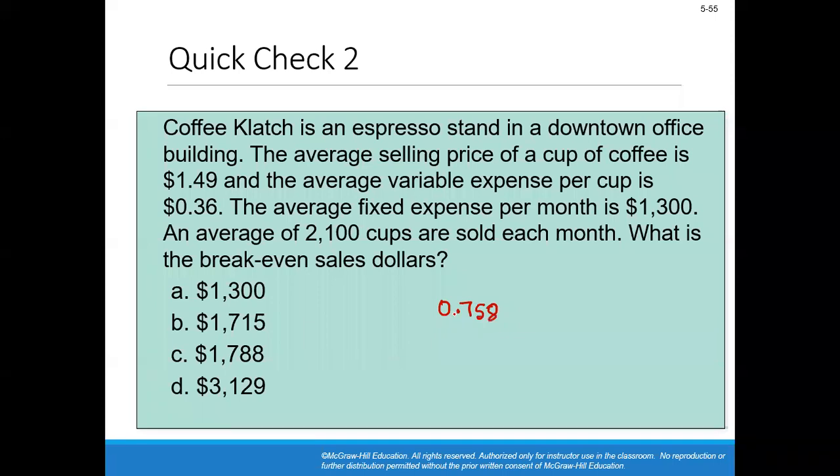So what do we need to do? $1,715. Okay, what is the break-even sales dollar? How can we get it?